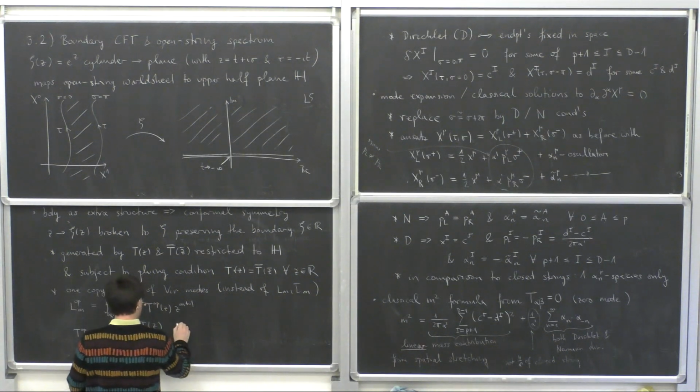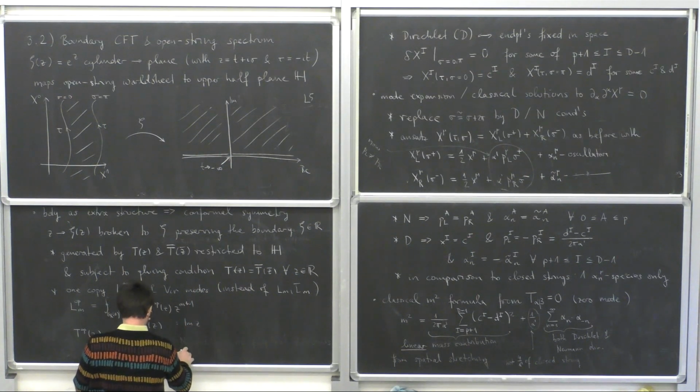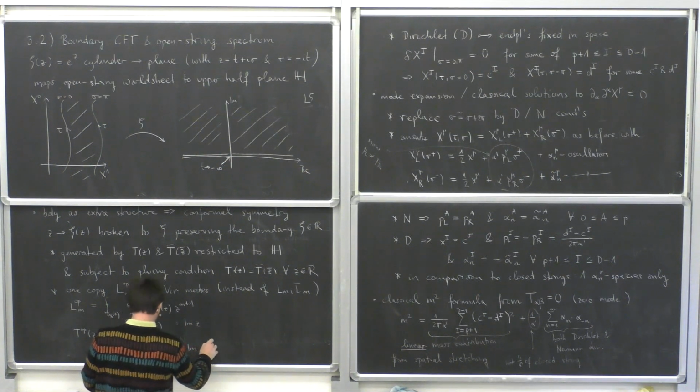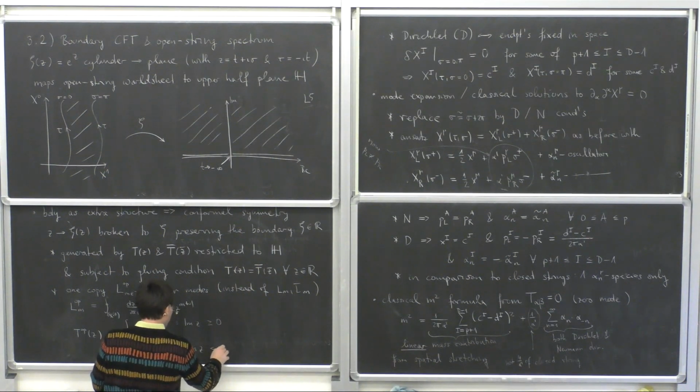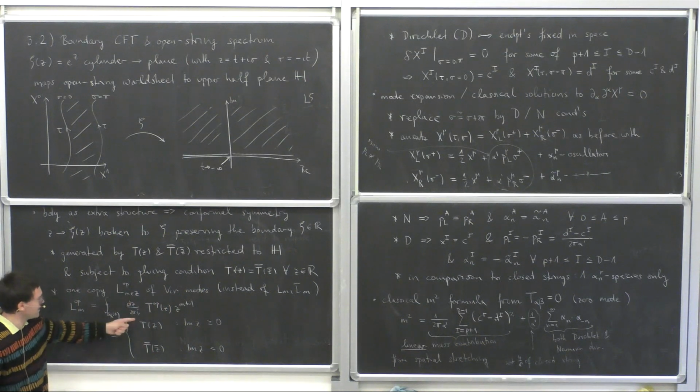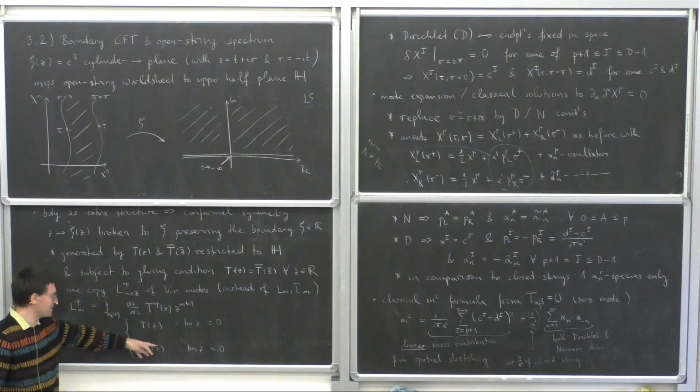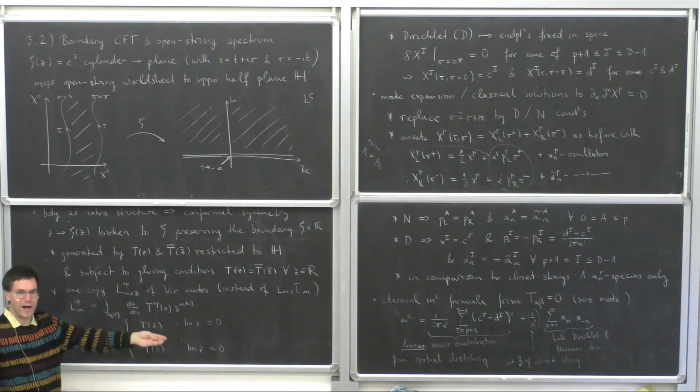So you just stick these partial informations together and define this patched field, T open, in a way that for positive imaginary part, you grab the T on the upper half plane, and clearly the Z bar reflects upper into lower half plane.